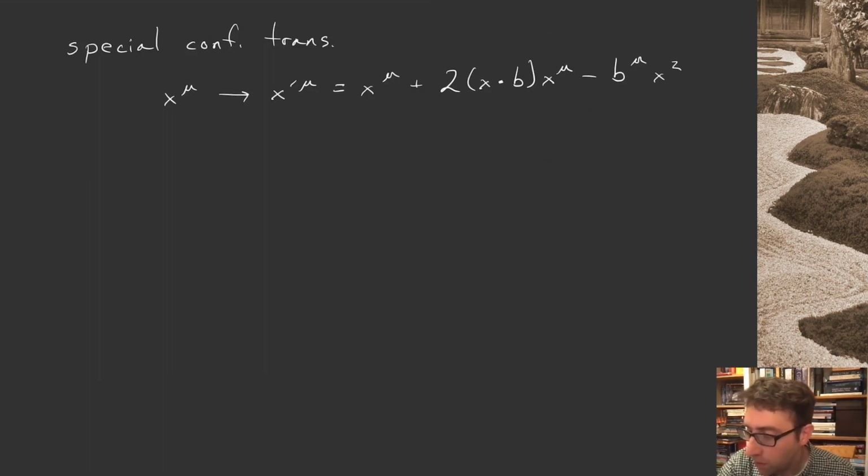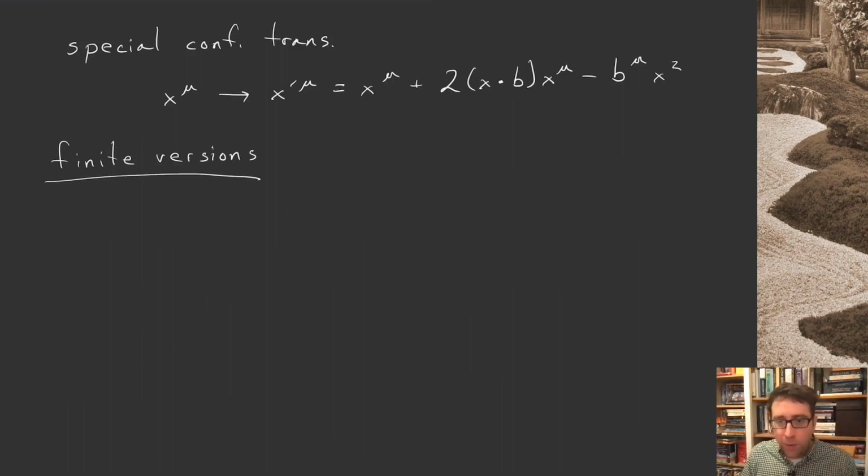That's the infinitesimal version of the special conformal transformations. So now we should integrate those up and get the finite versions. I'm not going to do that. I'll just give you the answer. It's easier that way because once you have the answer, you can always go backwards. You can make the finite version infinitesimal much more easily than you can make the infinitesimal version finite.